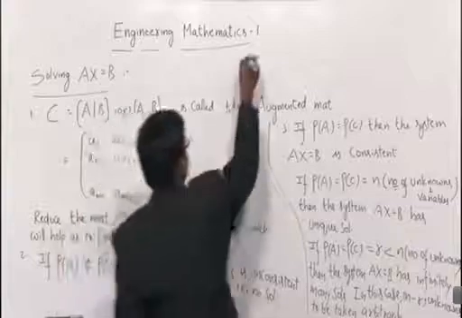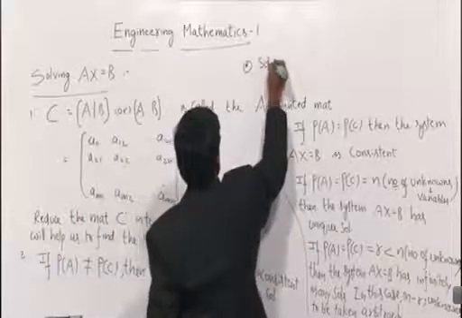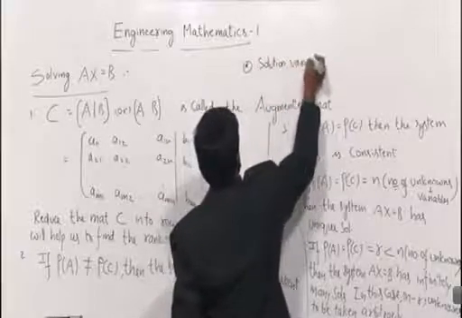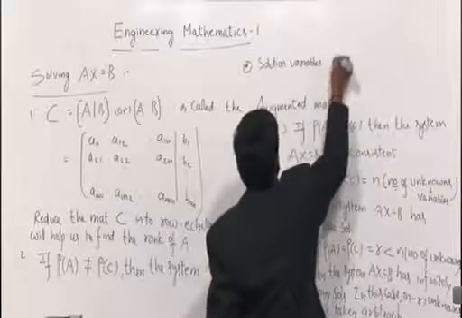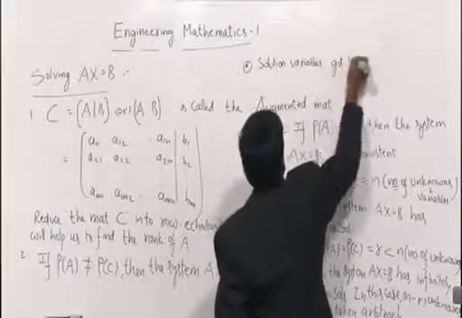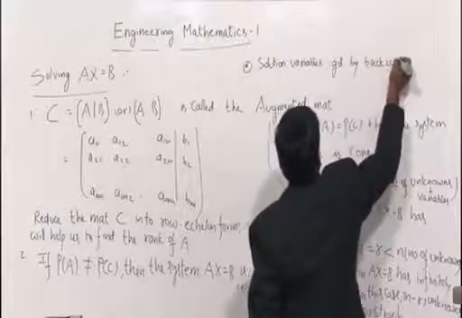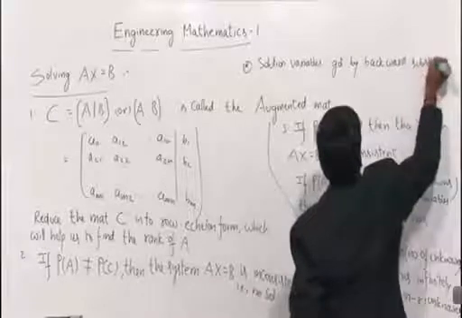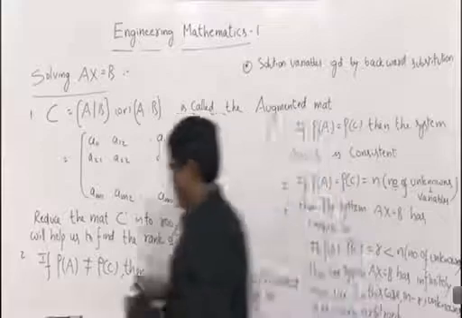And here you write, by putting a star symbol on the solution variables, that is the unknowns, got by backward substitution. Now I am going to explain.